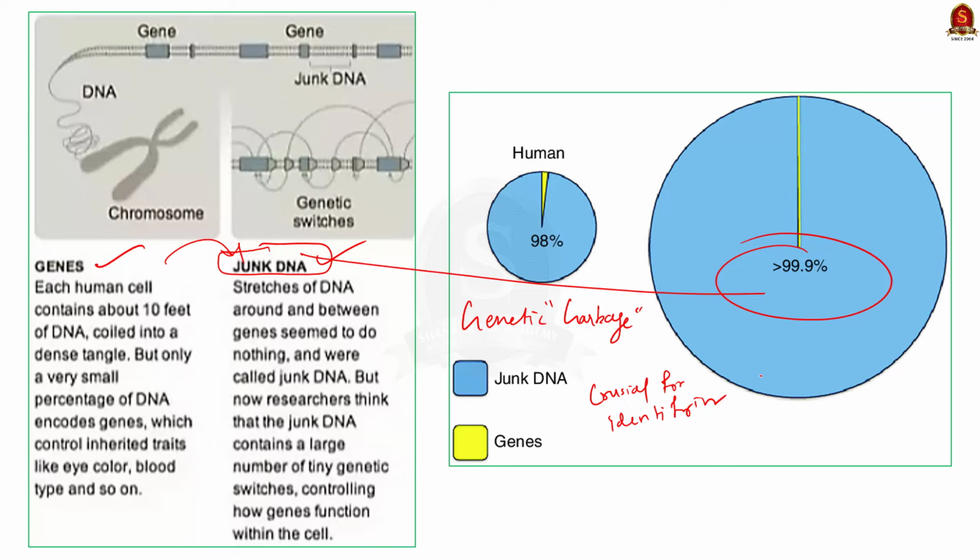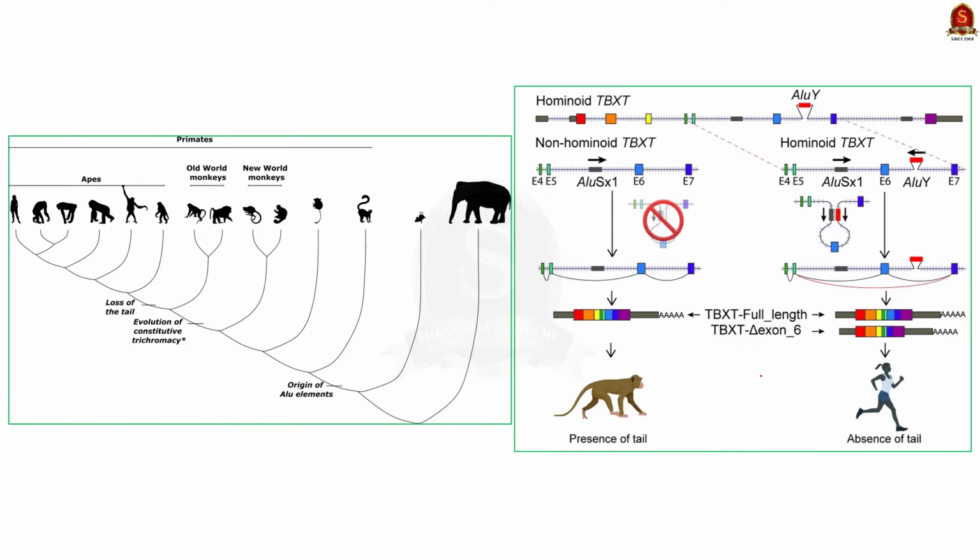Scientists have found a type of junk DNA that can insert itself into different parts of the genome and potentially disrupt gene functions. The name of such junk DNA is the Alu element. It is a transposable element, also known as a jumping gene. They are actually DNA sequences that move from one location on the genome to another.